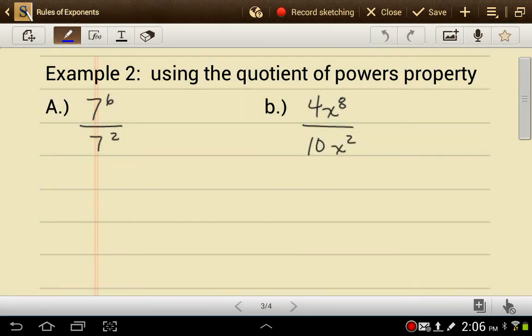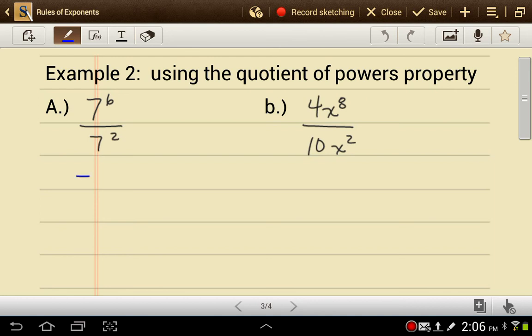In the next slide, we're just going to be talking about the quotient of powers property. So this time when we divide, you're going to subtract. And for A, I just need to leave it as an exponent. We're not going to worry right now about finding the exact answer with a calculator. That'd be pretty simple to do. But for these, I would just subtract. So 7 to the 6th power divided by 7 squared is just 6 minus 2.